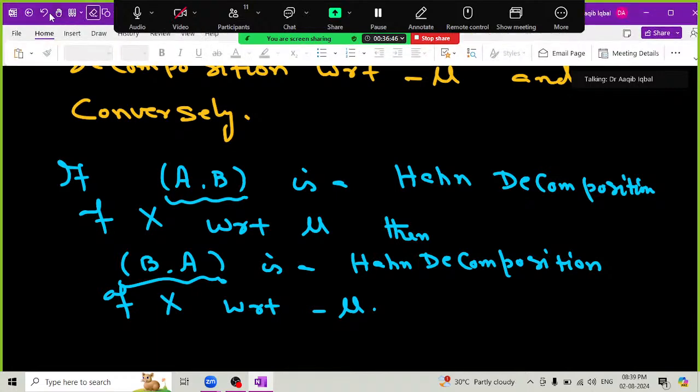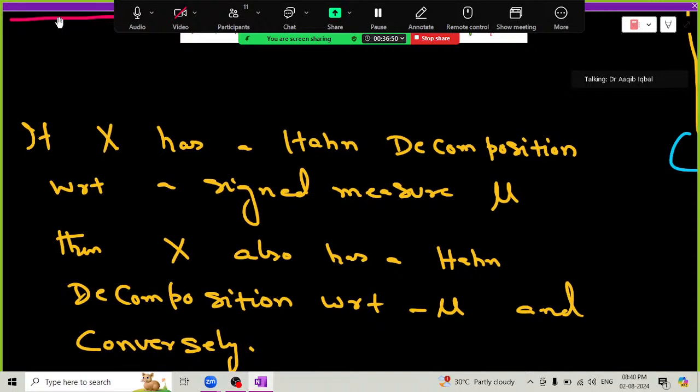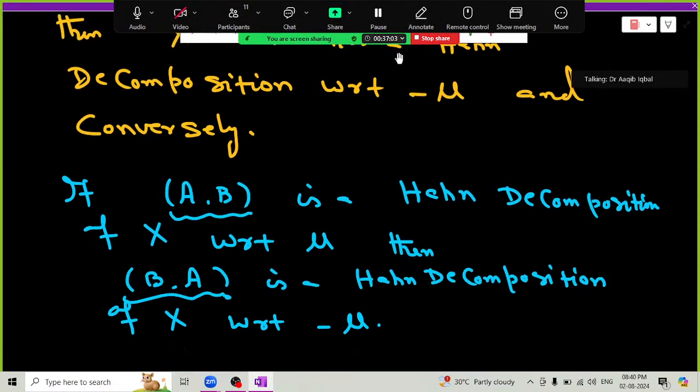If X has a Hahn decomposition with respect to mu, then it has a Hahn decomposition with respect to minus mu. And conversely, if it has a Hahn decomposition with respect to minus mu, then it will have a Hahn decomposition with respect to mu also. ठीक है, बस एक ही Hahn decomposition होनी चाहिए, either with respect to mu or minus mu. Now we have to establish the existence.